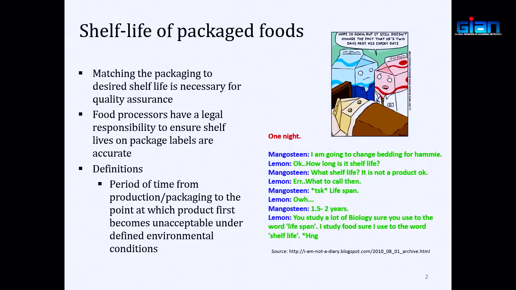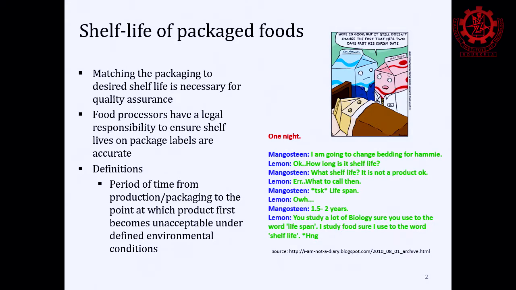Our product is going to be good up to that date, right? So that's the shelf life. They specify based on how long it is going to keep with a quality which is acceptable to the consumer. And that is a legal requirement, because if they do not write it on the package, you would never know whether this product is good or not, right? So that's why the food processor has to put that date.